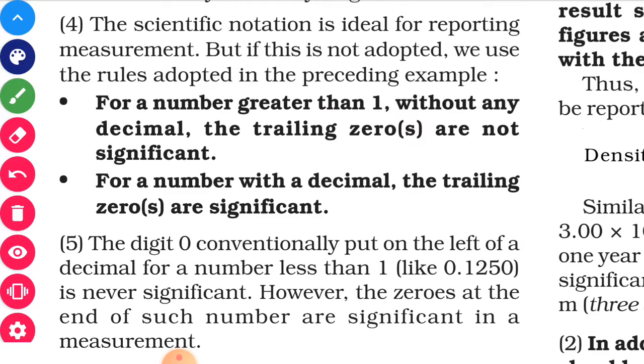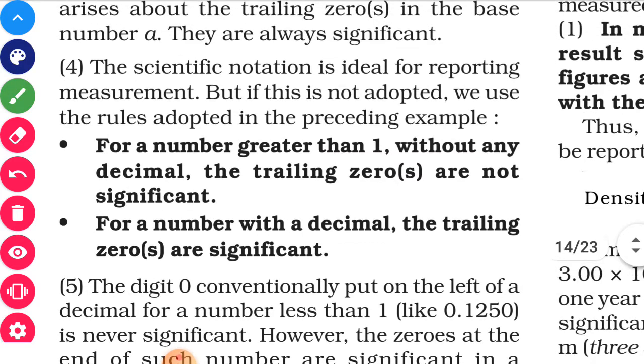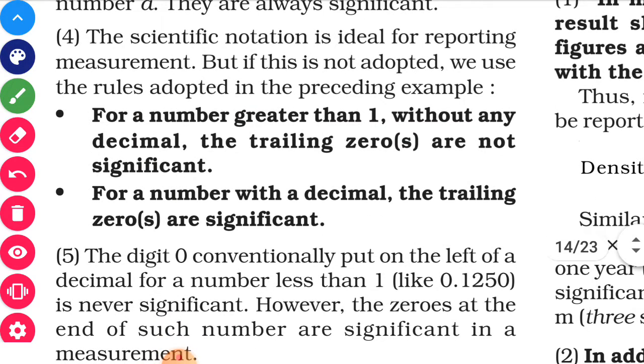Now see one more thing. The scientific notation is ideal for reporting measurement. But if this is not adopted, we use the rules adopted in the preceding examples which we have discussed. For a number greater than 1 without any decimal, the trailing zeros are not significant.